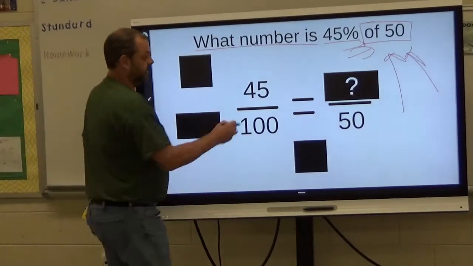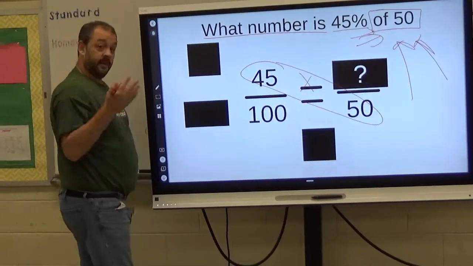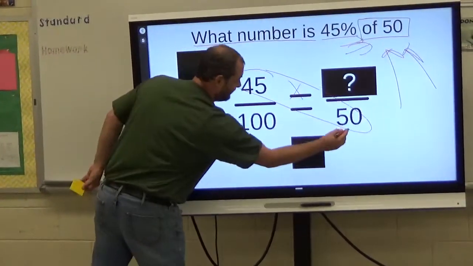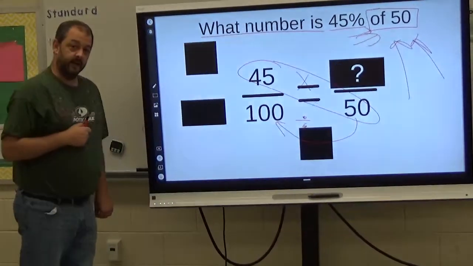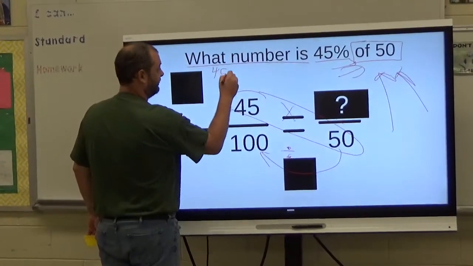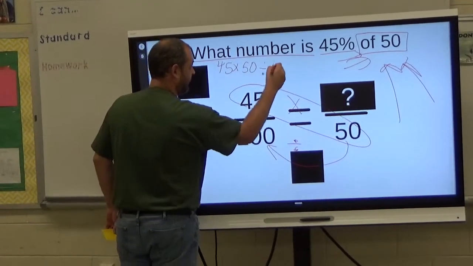Here's how that works. You're going to take the two numbers that are diagonal from each other, multiply. Whatever number you get, you're going to divide. So what you're going to do on your calculator, 45 times 50 divided by 100.